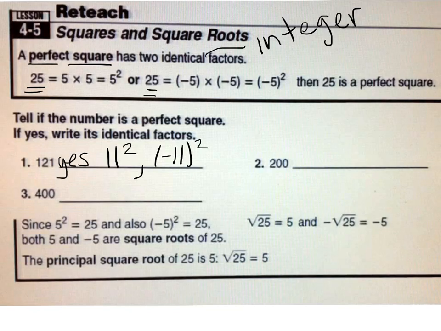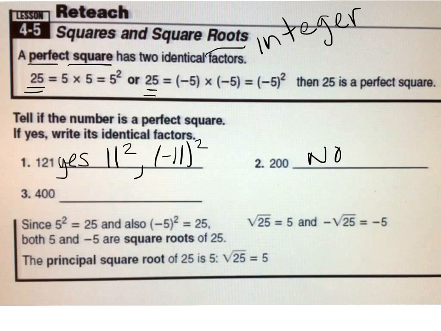How about 200? Is there anything times itself that will equal 200? Something squared that equals 200? Well, the answer is no. So 200 is not considered a perfect square.